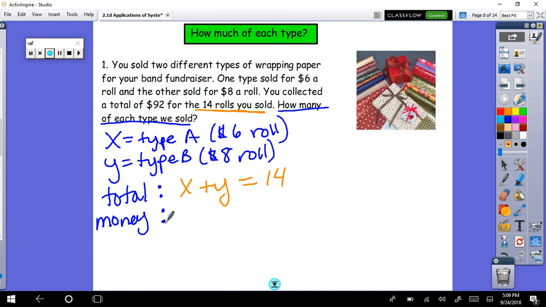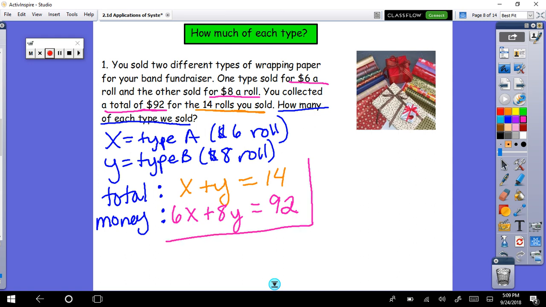Because the rest of the information that I'm given is I sold one for $6, the other for $8, and I collected a total of $92. So that's going to look like this. I got $6 per roll type A, $8 per type B roll, and I made a total of $92. So now I have it set up nice.